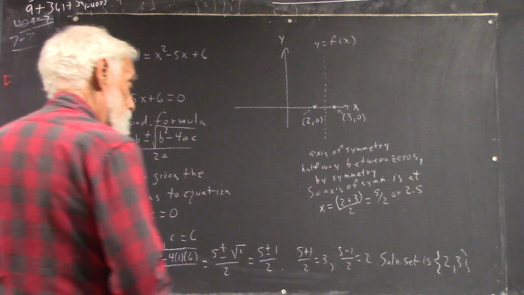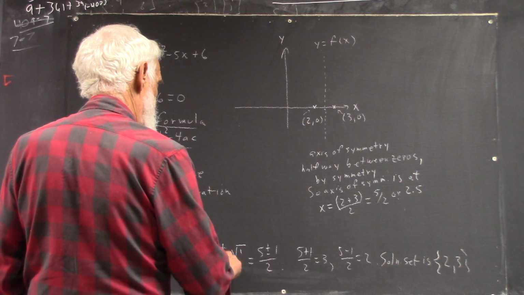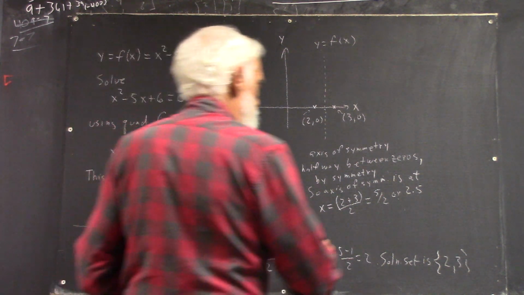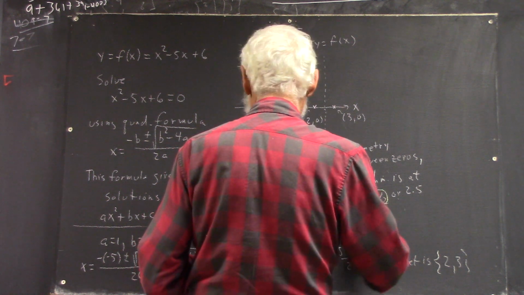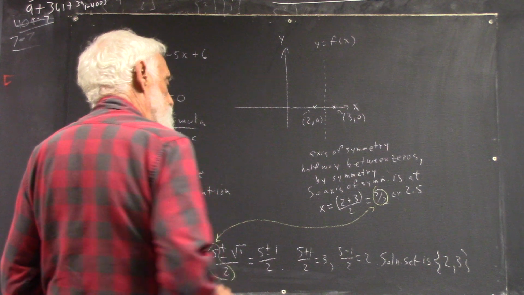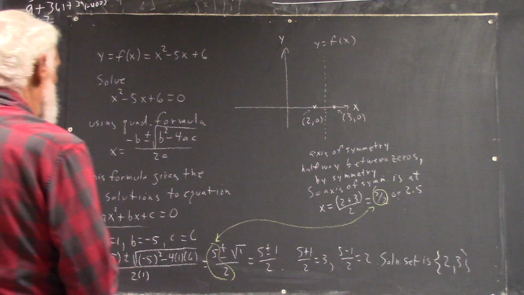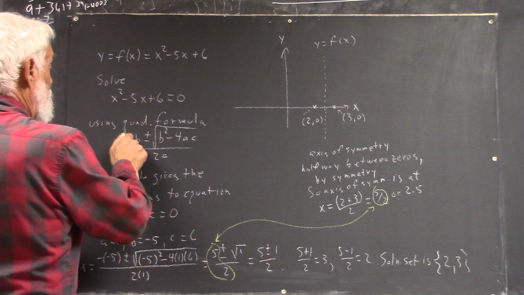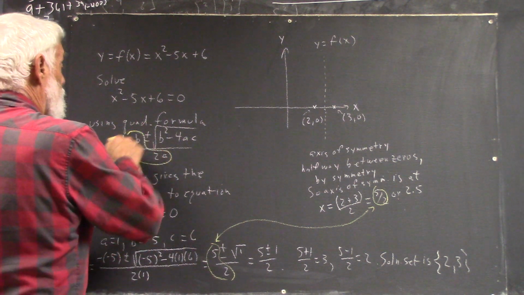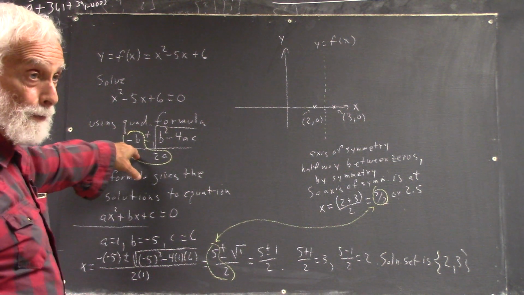But this part of it, 5/2, matches this. And also, where does it come from? Well, that's your negative b over 2a. So there's your axis of symmetry.